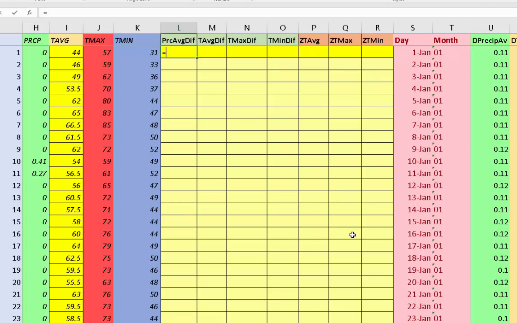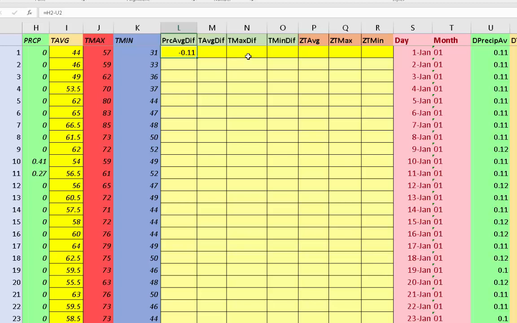Press equals to begin the formula, and you can either click on cell H2 or type in H2, minus sign, and then cell U2. So the formula appears as equals H2 minus U2, and you can copy that from the instructions as well, and press enter.